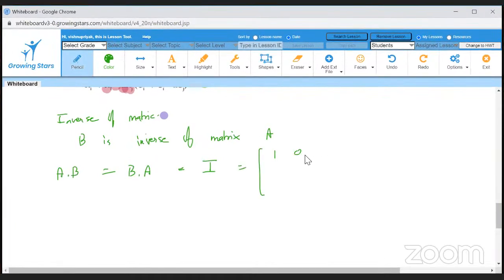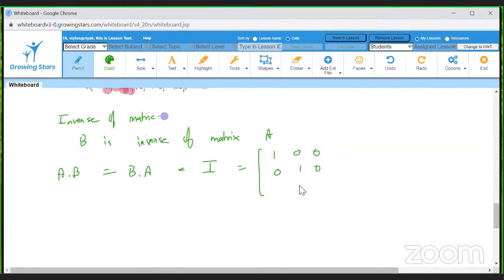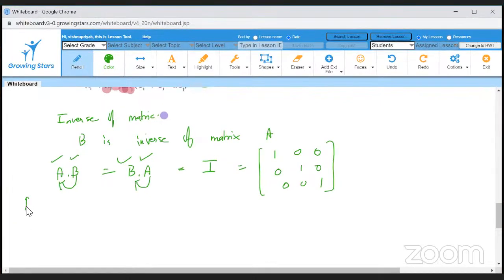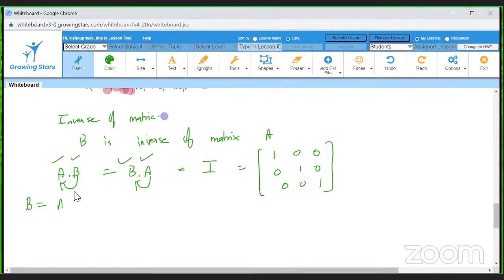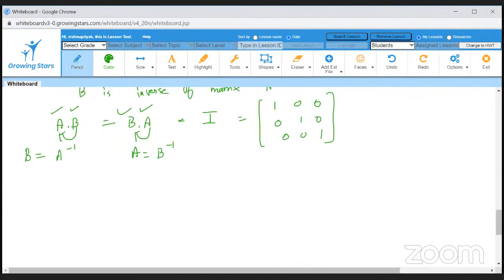That means 1 0 0, 0 1 0, 0 0 1. If you get this matrix, then B is inverse of A and A is inverse of B, either way you get.